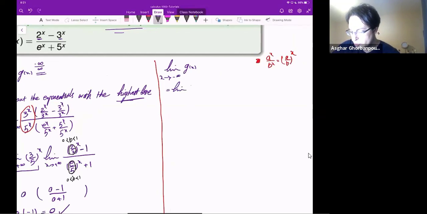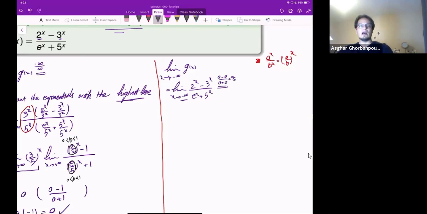The limit of 2 to the power x minus 3 to the power x over e to the power x plus 5 to the power x as x goes to negative infinity. 2 to the power x, the base is bigger than 1, and x goes to negative infinity, so this will be 0 minus 0 over 0 plus 0. So this is something 0 over 0. We have to resolve that. How do we resolve this kind of 0 over 0?